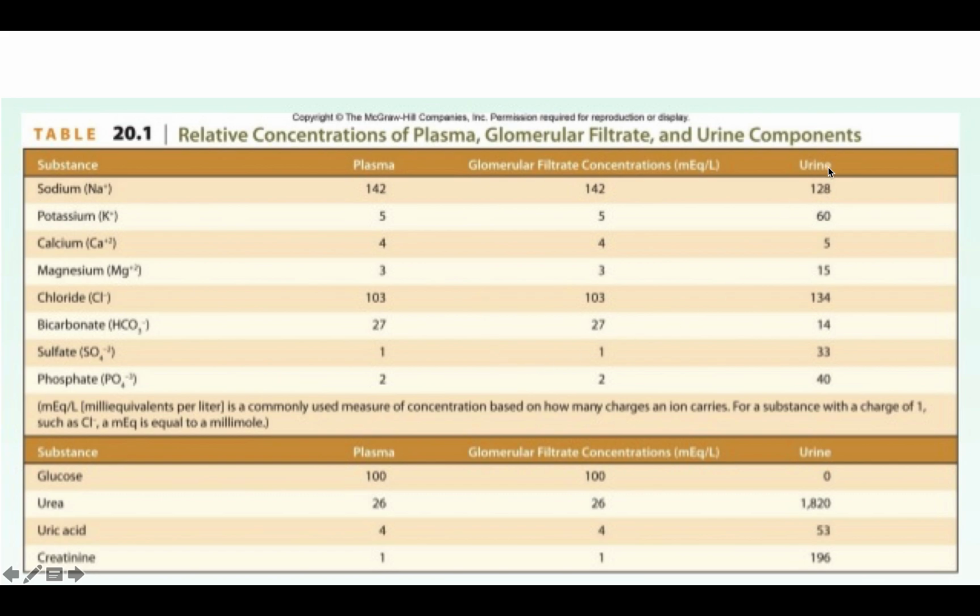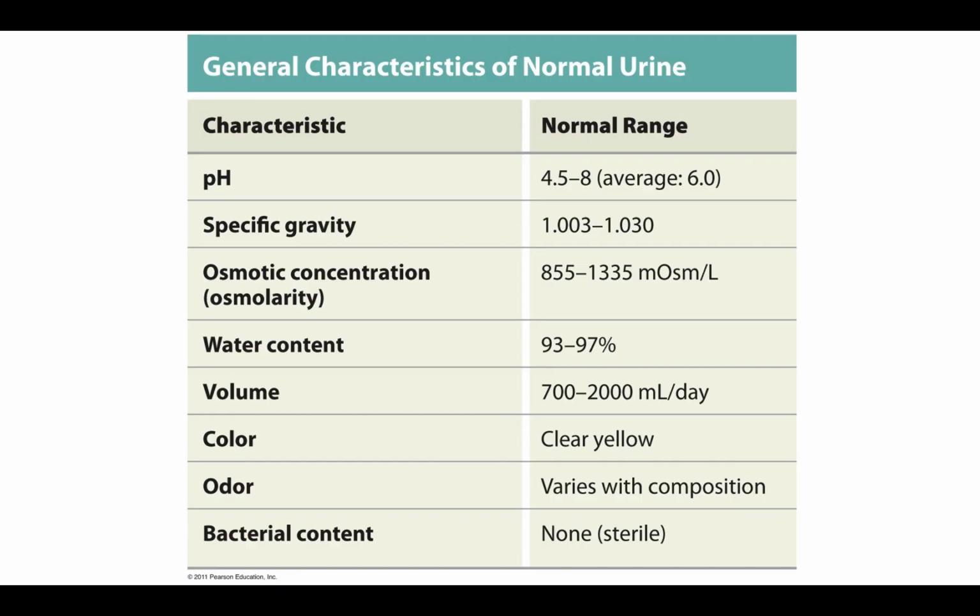These here are what are considered healthy levels. If you saw increases of these, then you can have an understanding of what your body is going through. So an increase in glucose in urine is a sign of diabetes.